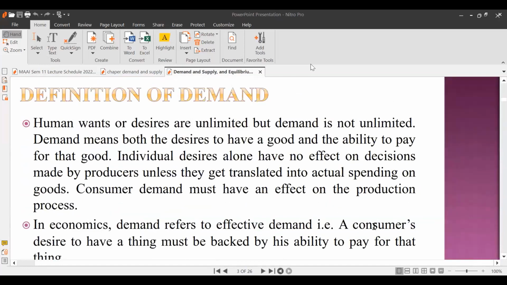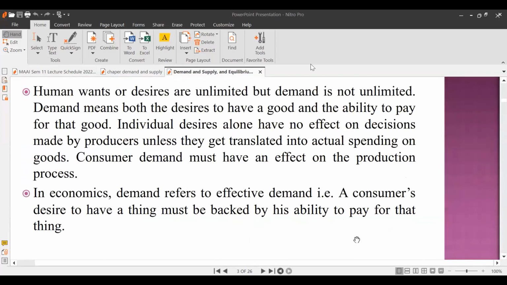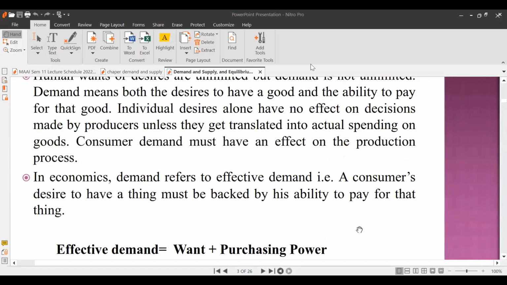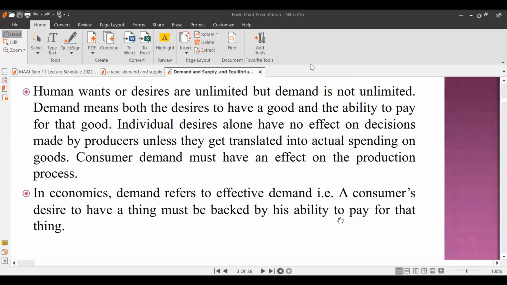As usual, if we consider the definition, to be an effective demand there should be two things compulsory that we have to complete: the want and purchasing power. You know that consumers are the demanders.